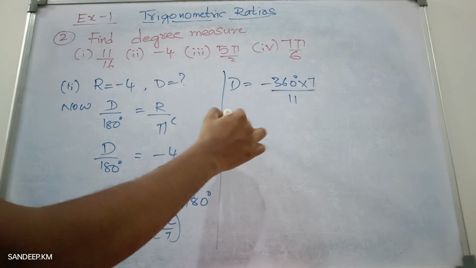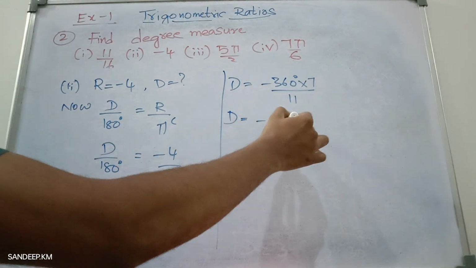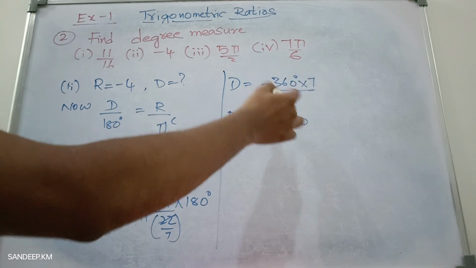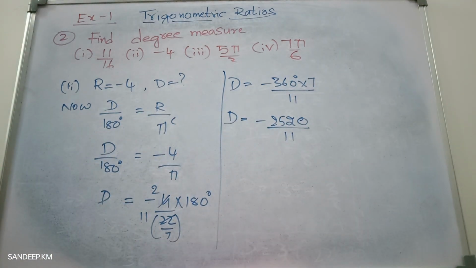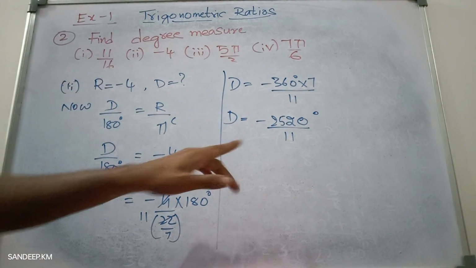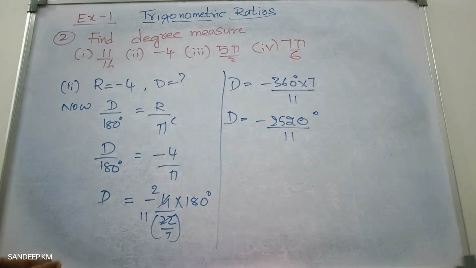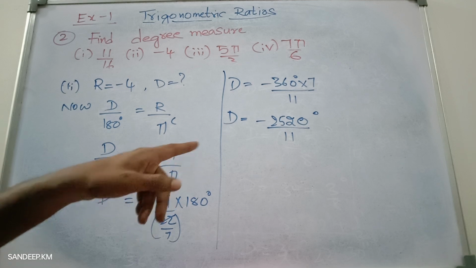So in degree measure it is minus, 7 zeros are 0, 7 6s are 42, 4 carry, 7 3s are 21, 25. We will get -2520 divided by 11 degrees. As I told you in the previous case, we cannot leave the answer in p by q form. So we are supposed to convert it into degrees plus minutes plus seconds.